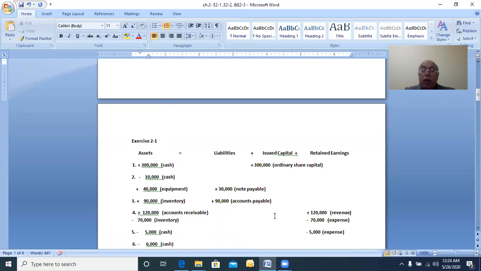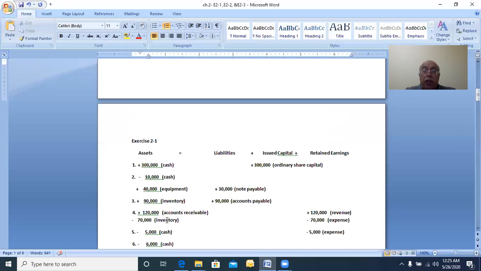At the same time, we get revenue of 120,000, and it comes under retained earnings. Both increase. Accounts receivable increases. That is one of the current assets, so it should be under assets here.